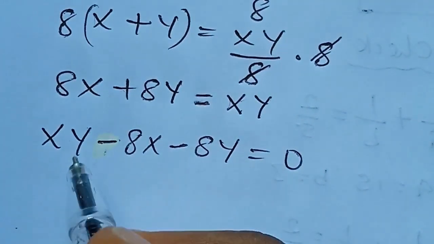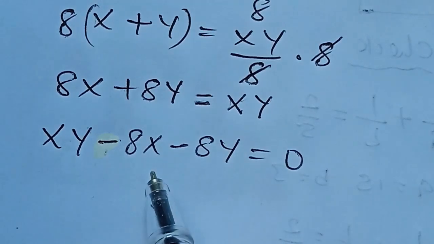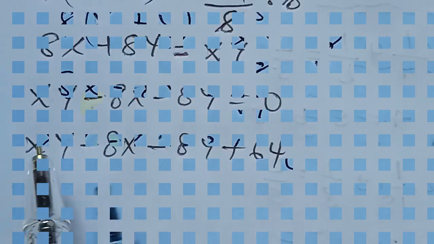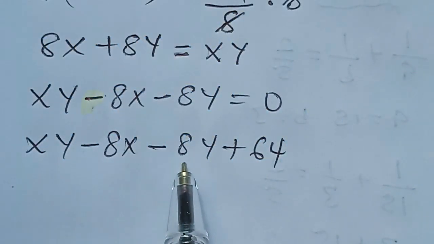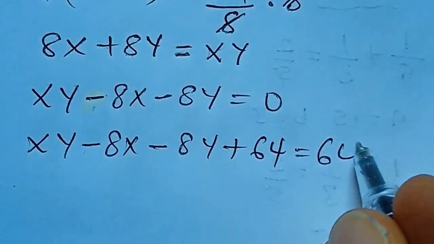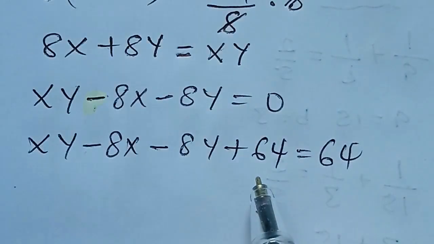Now, we want to make this left hand side factorizable. So we add the square of 8 to both sides, which is 64. We have xy minus 8x minus 8y plus 64 equal to 64. Now we factorize this left hand side.